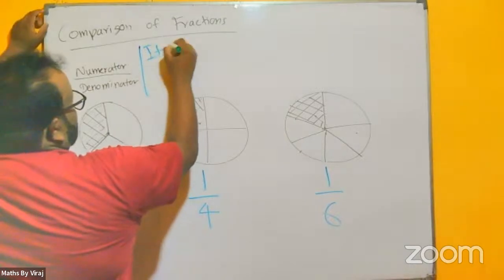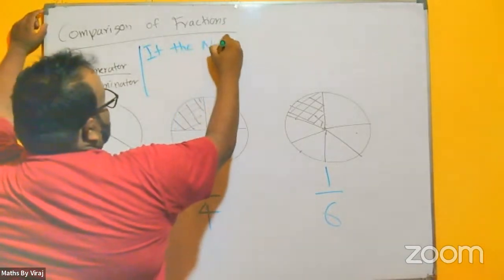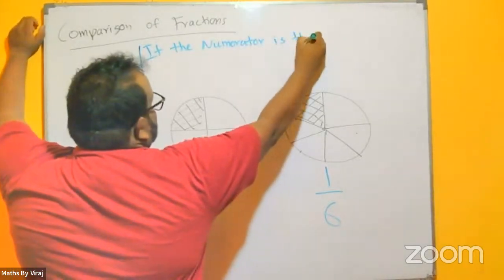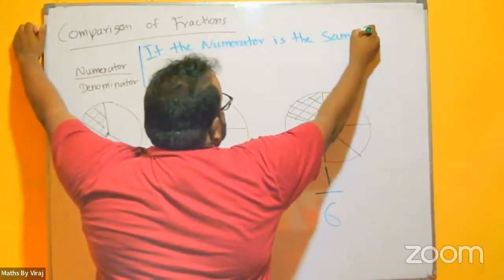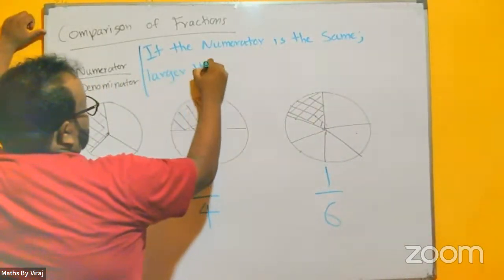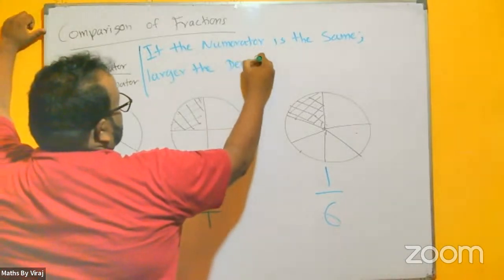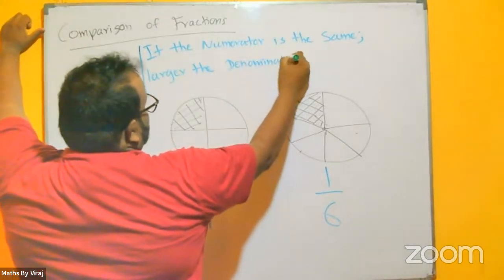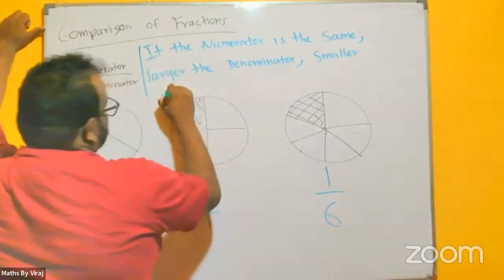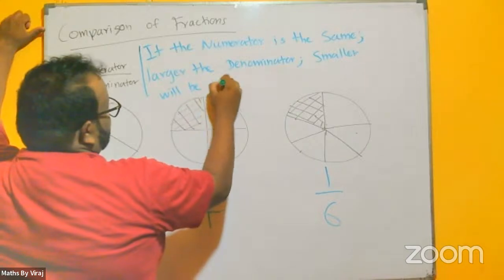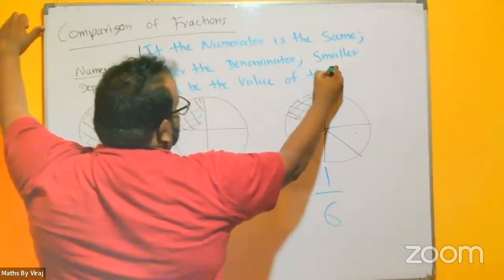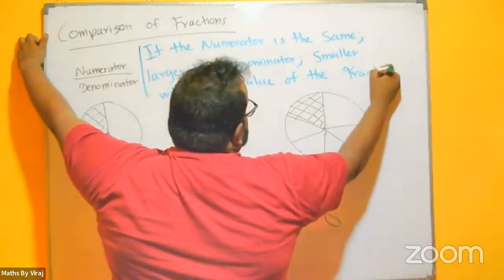What is it? If the numerator is the same, larger the denominator, smaller will be the value of the fraction.